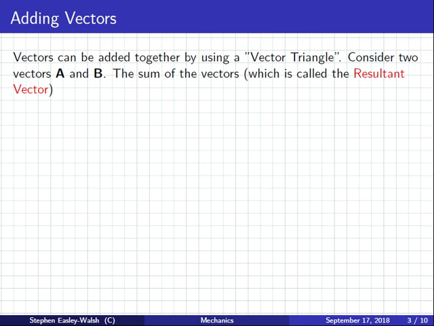You know, write something like this. Okay. Now, you don't have to, but you could call it C. It doesn't matter. You can find this vector by using this picture.